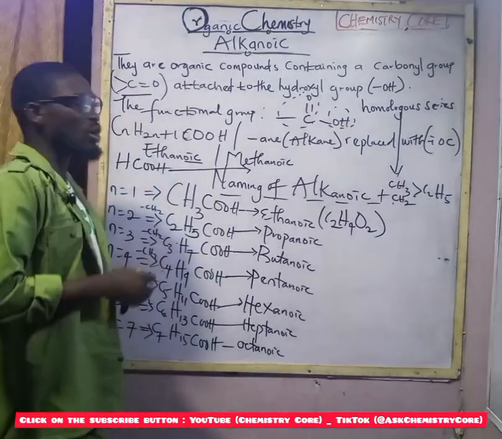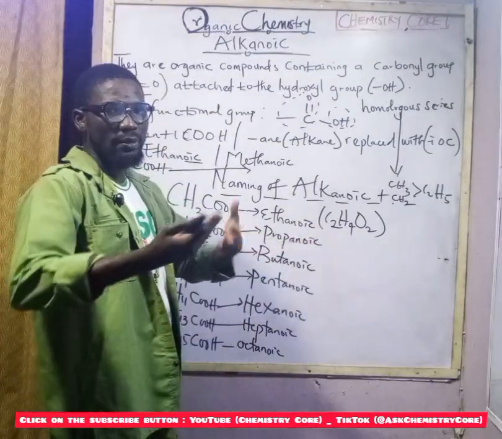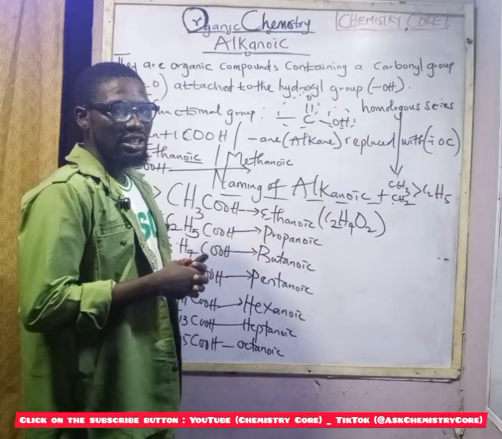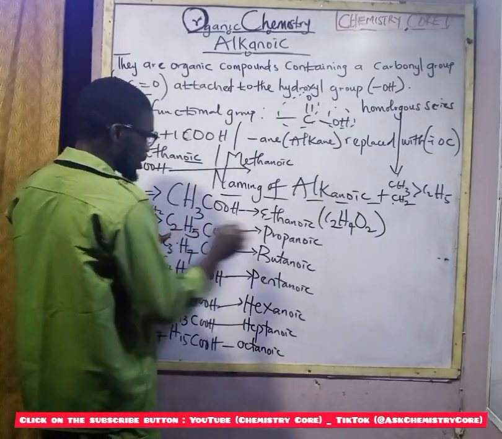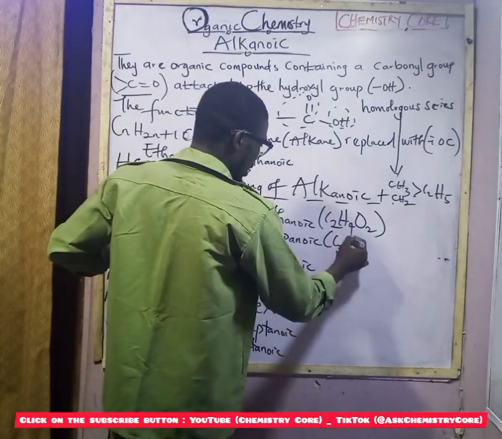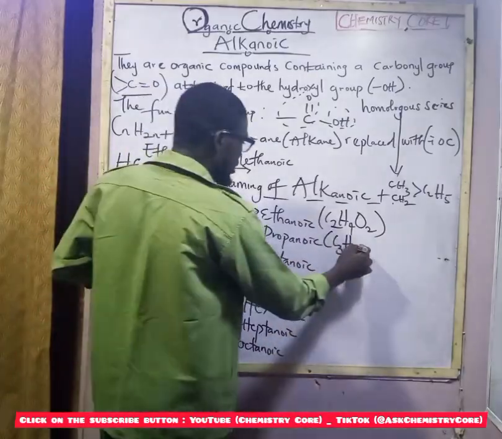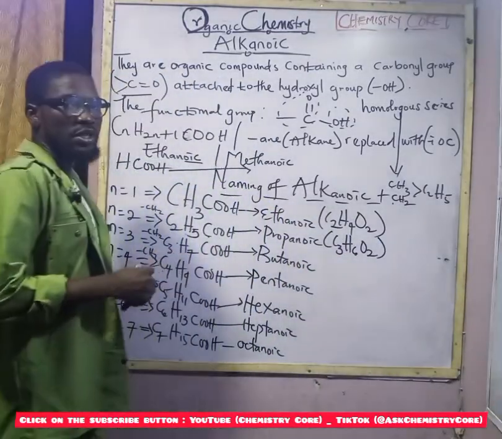So if you come across having your ethanoic like this, you should be able to differentiate which one is ethanoic and which one is propanoic. So for this now, adding this one to this, we have C3H. Adding this H to this place, we have H6 and we have O2. Are you with me now?